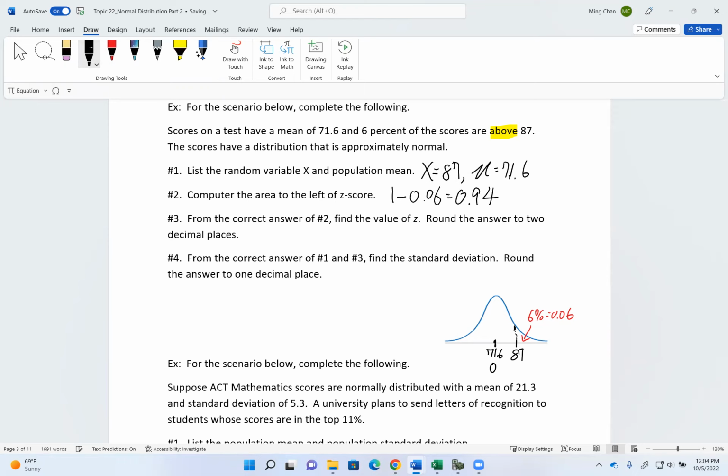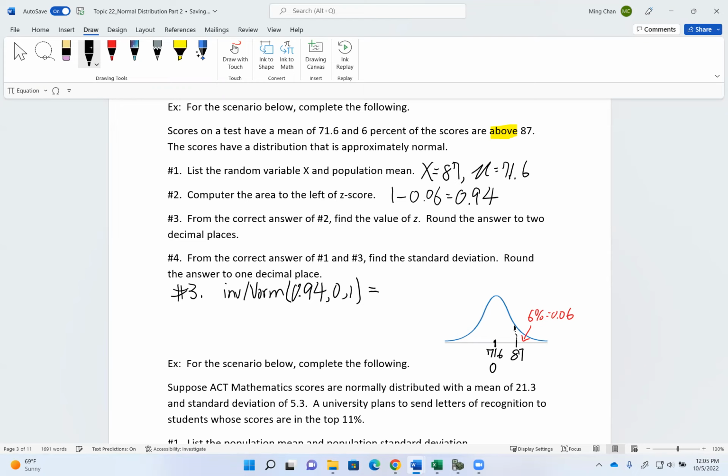So to find the z-score, okay, 0.94 is all this area to the left of it. So that will be inverse norm. Area to the left of my 87 is 0.94, comma 0, comma 1. Right?